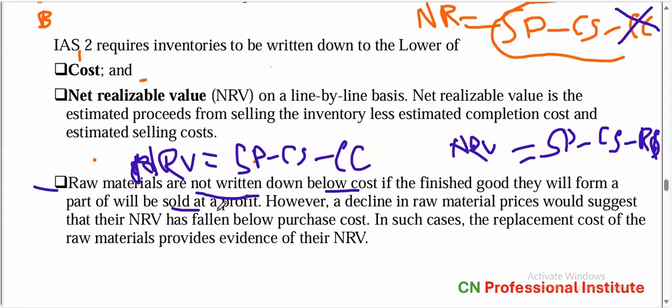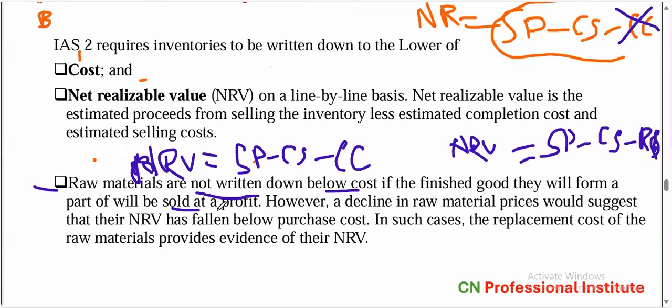The standard is saying that, even if that's the case, but the finished goods that these raw materials are part of will be sold at a profit, then you should never write down the value below the cost. So the raw material should not be written down below cost.